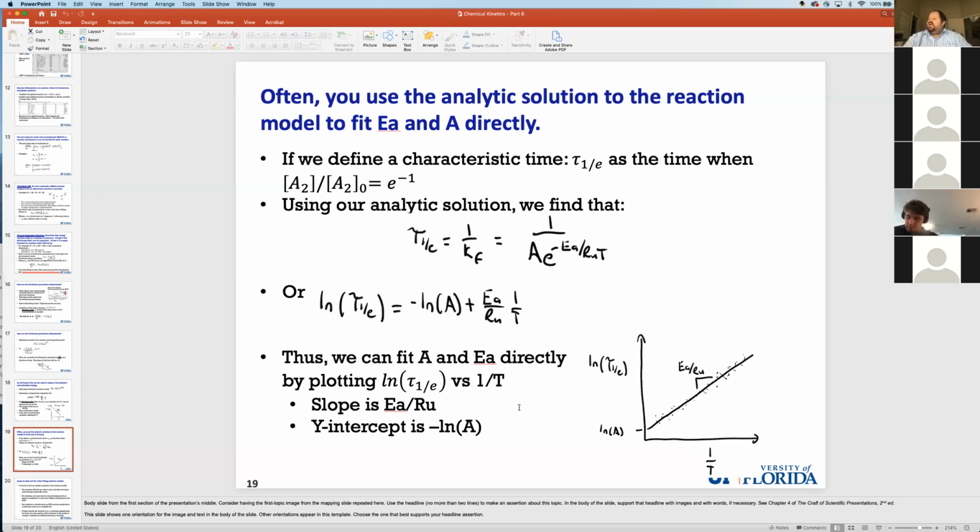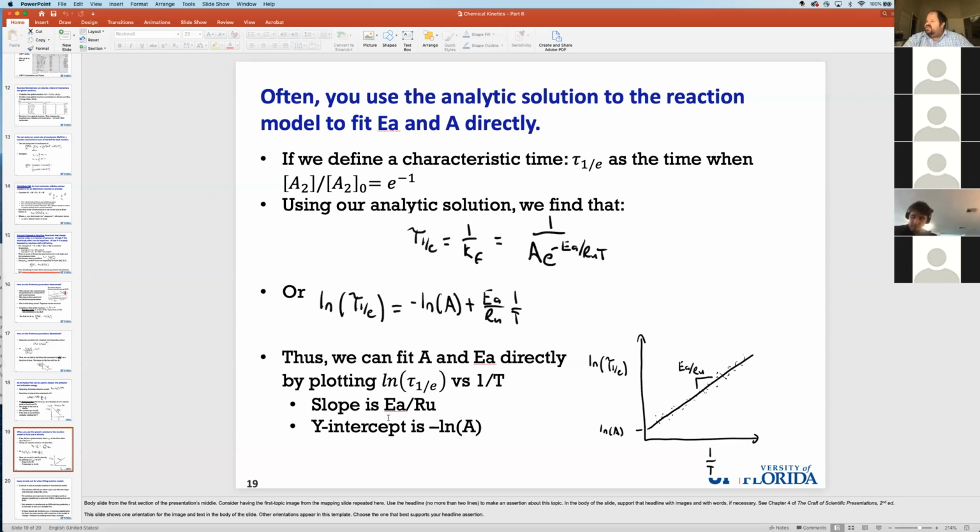Okay, so if you have Kf data, you don't need to go through the step of finding Kf. Basically you can use the solution and our definition of the Arrhenius term, or of the forward rate constant, and find A and EA directly. What this is saying is you plot the log of the characteristic time, which you measured in the experiment, or you can deduce fairly easily.